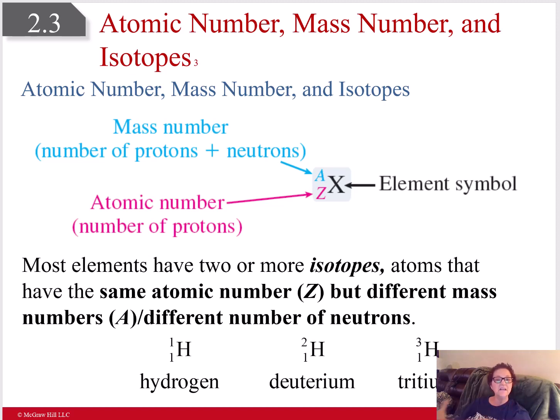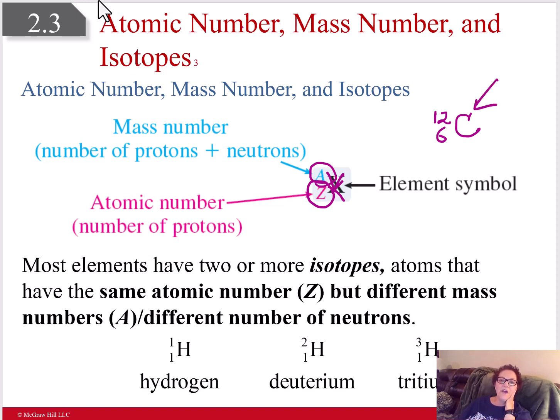You're going to see these elements written in this form, where you have A, the mass number, written up top, then Z, the atomic number or number of protons, and then the symbol X. For example, carbon has mass number 12 and atomic number 6, and the C stands for carbon.